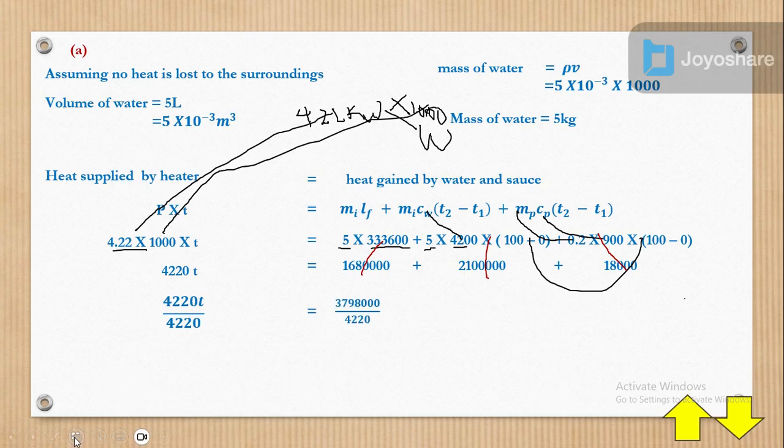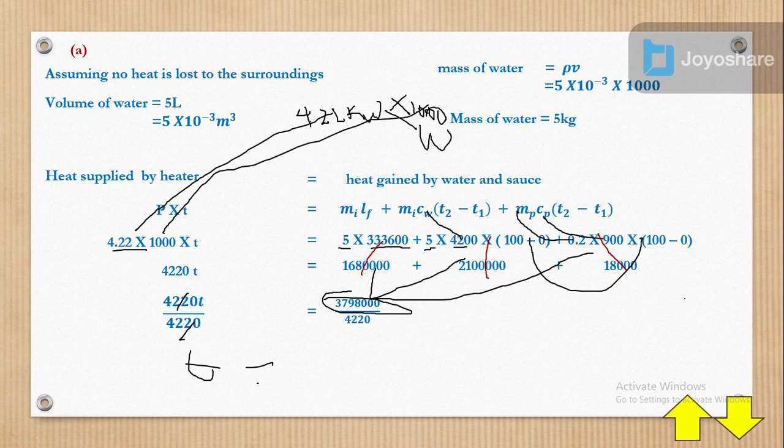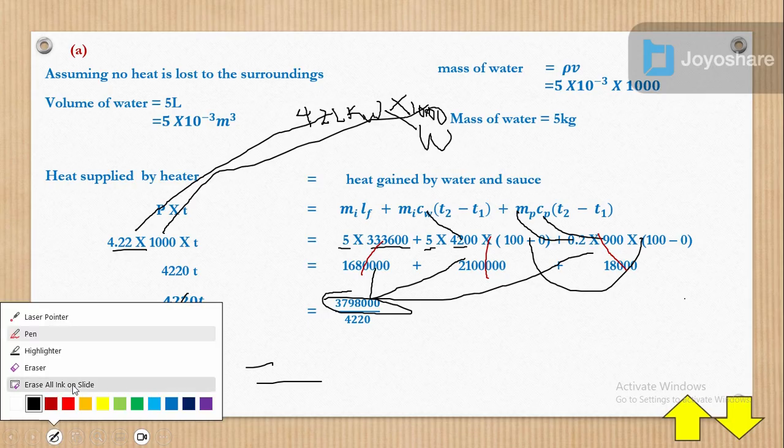Now when you add this plus that, you get this total. But the algebra says divide both sides by this, it will cancel, and we shall remain with t equal to a certain value.